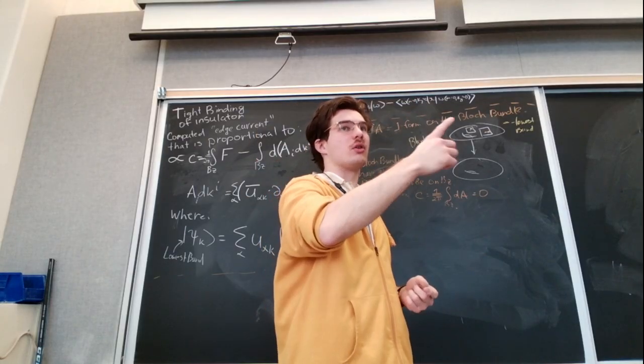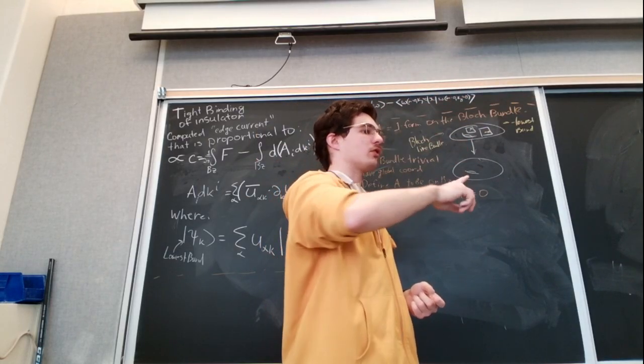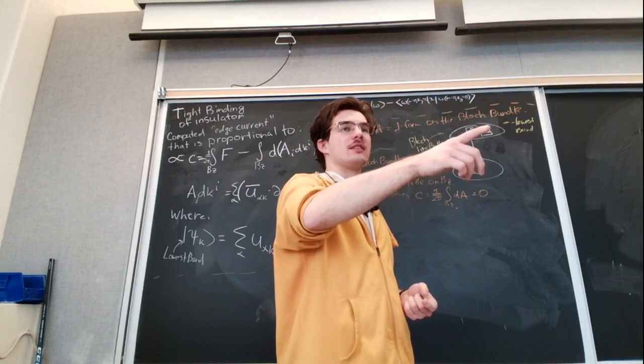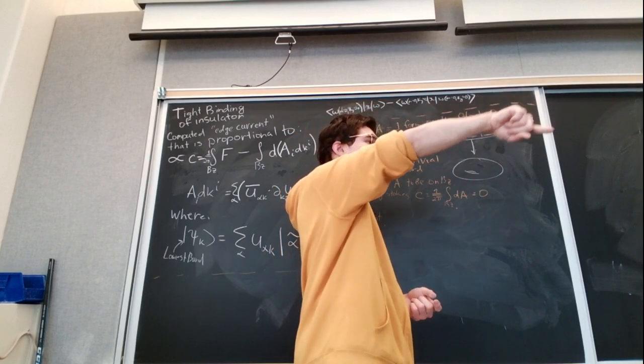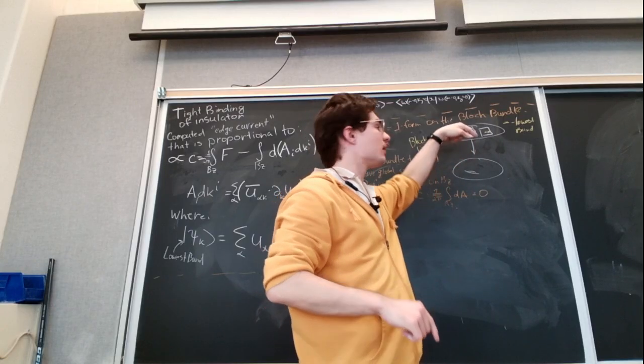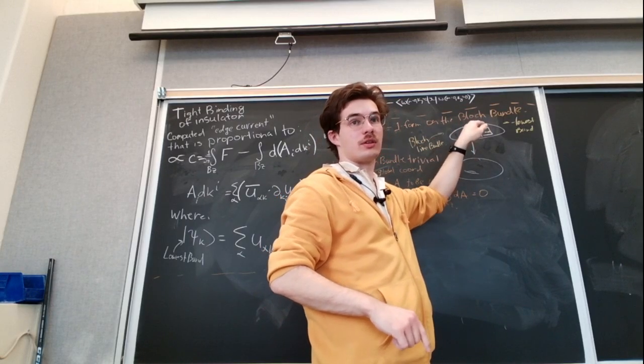And as I go around, I can have some non-trivial connection which picks up a phase, and I can't define coordinates in a unique way, such that I don't deal with the fact that I pick up a phase as I go around the torus.